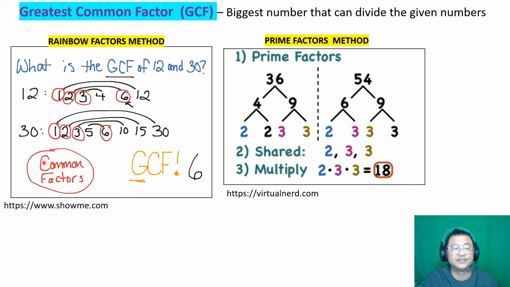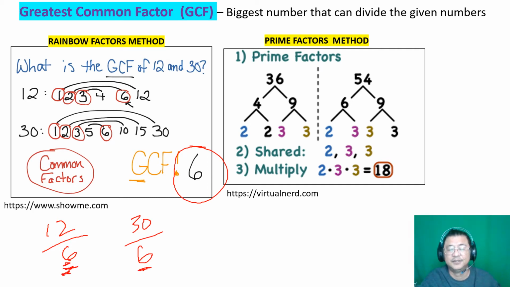We've also learned the factors of 30: 1 times 30, 2 times 15, 3 times 10, and 5 times 6. We list down which is common: the 1, the 2, the 3, and the 6. And the greatest, of course, is 6, meaning I could divide 12 by 6. I could divide 30 by 6. Okay? So 6 is the GCF.